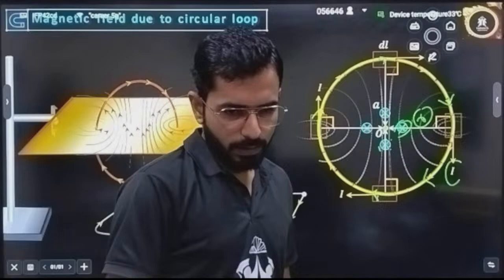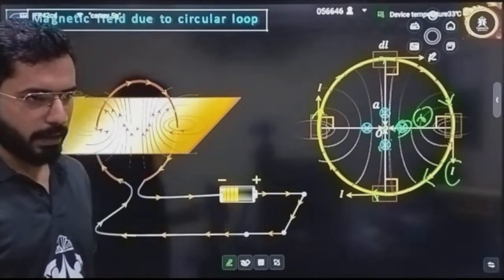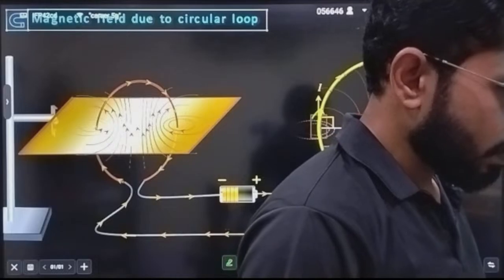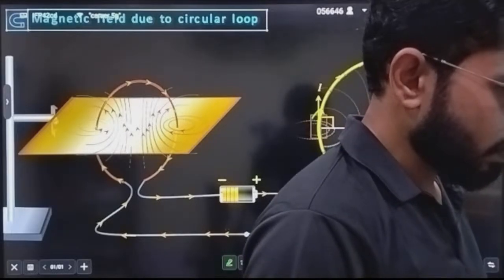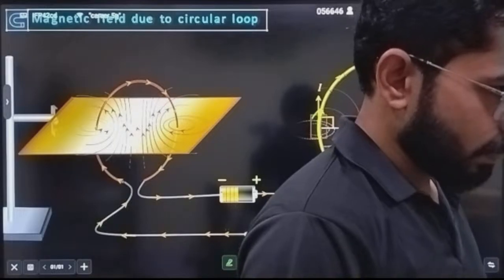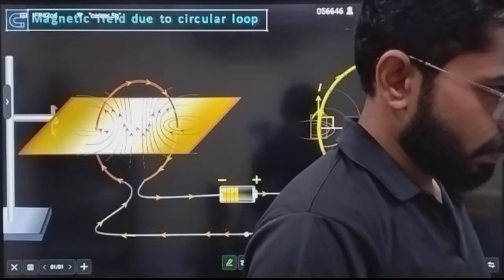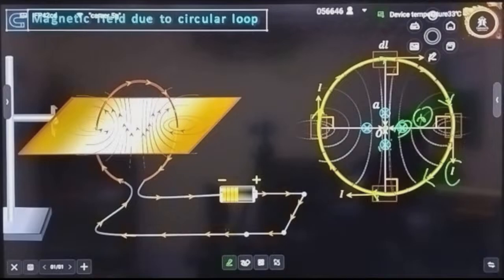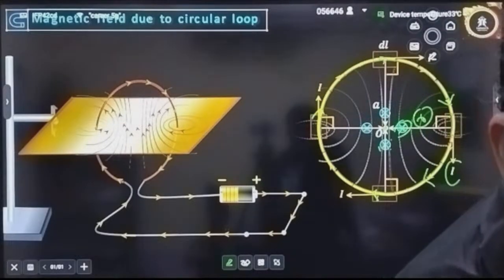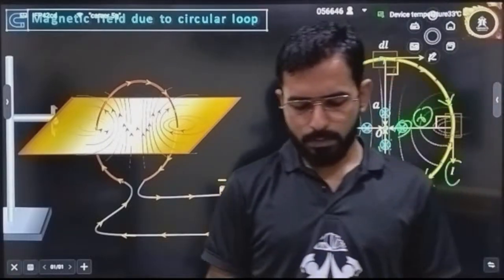Now I thought that there was some glitch, but I hope that now it is clear. I think some lag is coming, or is it coming proper?